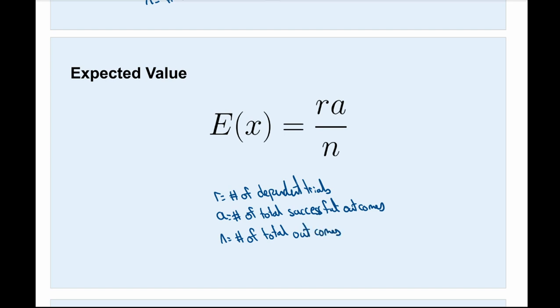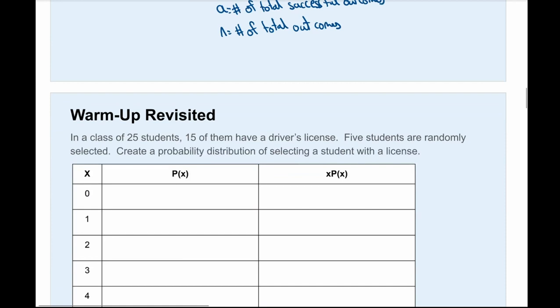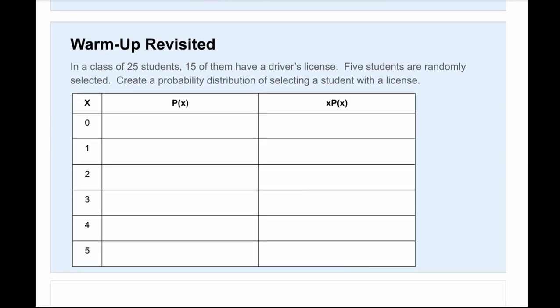So again, different expected value formula for a different type of distribution. So let's go back to that warm-up and go through finding the probability of each kind of scenario.